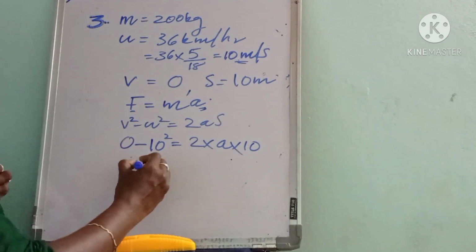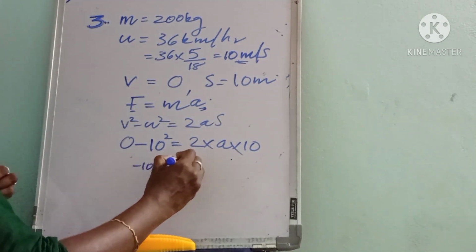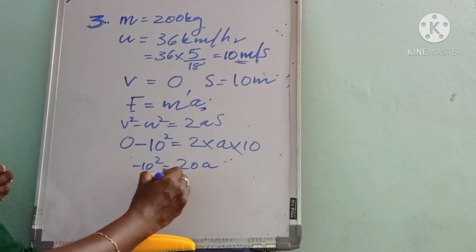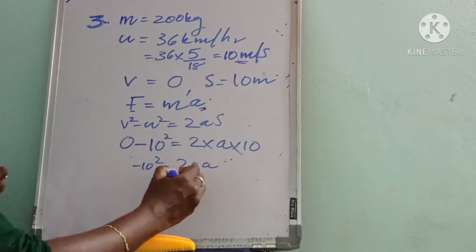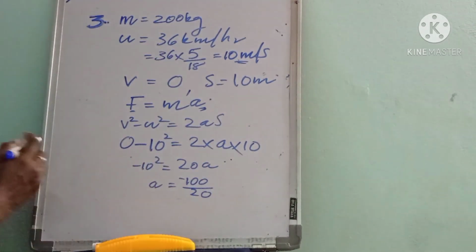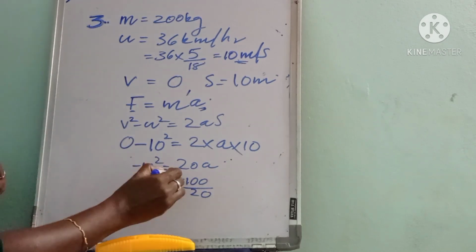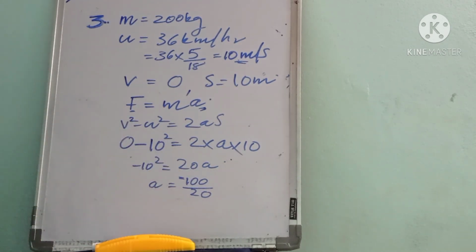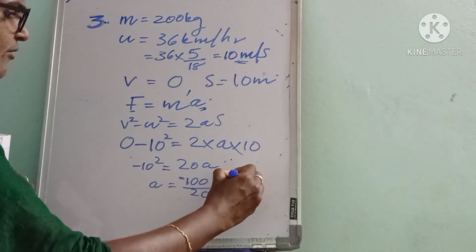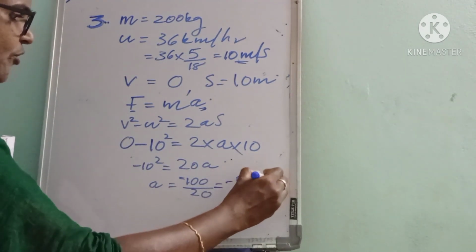So we got minus 10 square is equal to 20a. From this, acceleration a can be written as minus 100 divided by 20. Minus 10 square is actually minus 100. 100 divided by 20 is actually minus 5 meter per second square.